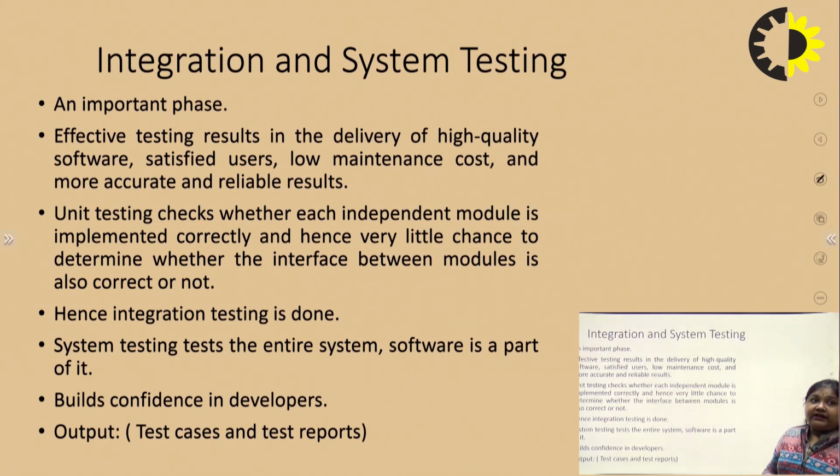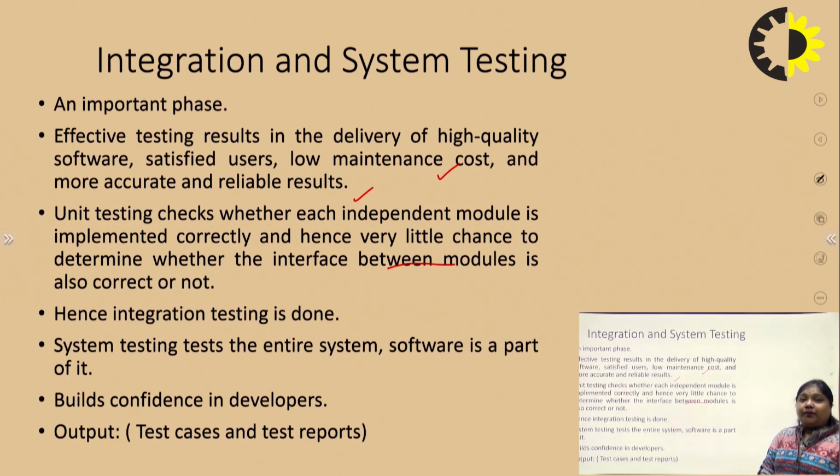The next phase is integration and system testing. It is a very important part of our software life cycle. Effective testing results in the delivery of high quality software, satisfied users, low maintenance cost, and more accurate and reliable results. Unit testing checks whether each independent module is working fine, but there is very little chance to determine whether the interface between modules is also correct or not.